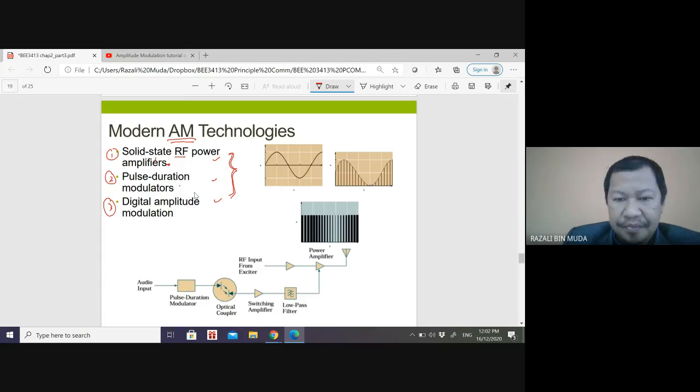Okay, so here is the change in the topology of the transmitter by using modern technology. Now you have audio input. So audio input is a baseband signal. Now it goes into pulse duration modulator, optical coupler, switching amplifier, filter.